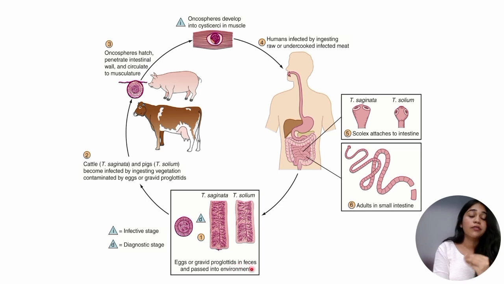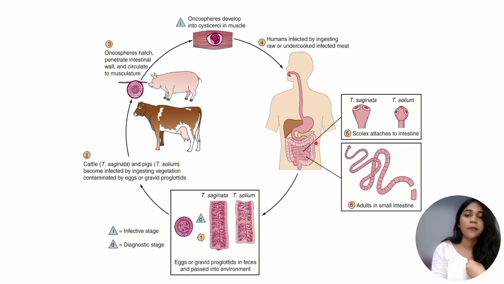Proglottids contain 500 to 800 eggs, and contain both female and male reproductive systems. When these eggs or gravid proglottids reach the environment, cattle or pigs ingest them with the vegetation. They go into the intestinal tract, the egg hatches, and the oncosphere comes out, penetrates the intestinal wall and circulates into the musculature, where the oncosphere develops into cysticerci in the muscle.